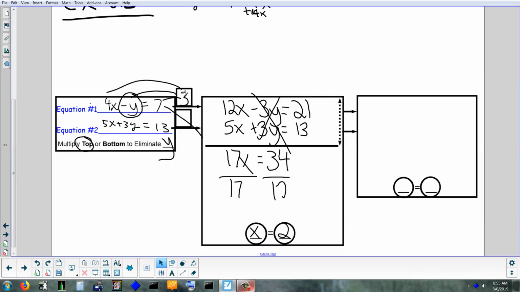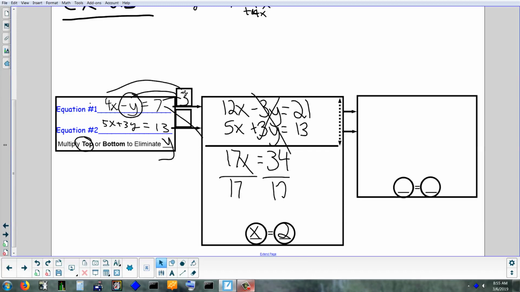All right. Which equation do we want to use? How about Natasha? Which one do you want to use, top or bottom? I don't care. Top. So what's my equation going to look like now when I have x equals 2?